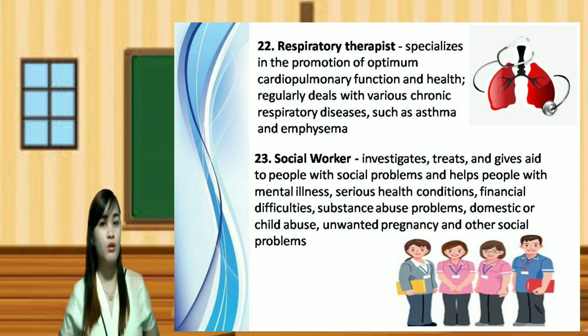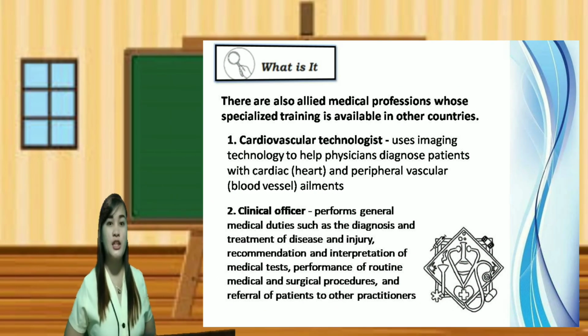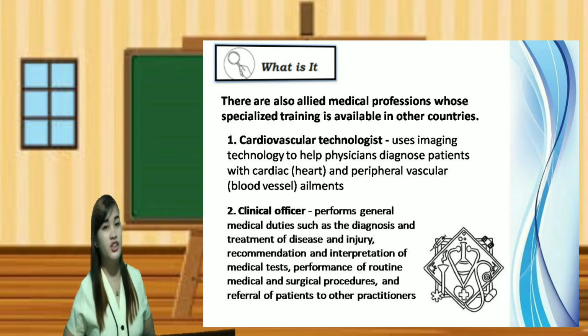An example of a social worker is the DSWD, or the Department of Social Welfare and Development. So there are also allied medical professions whose specialized training is available in other countries.